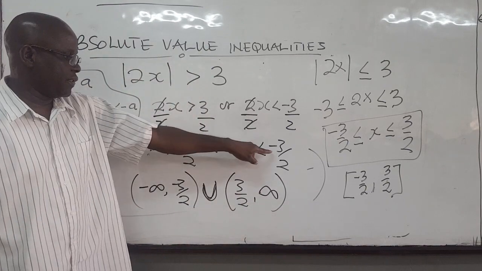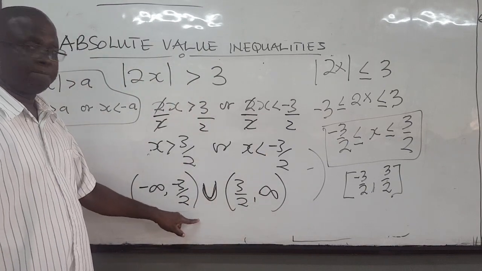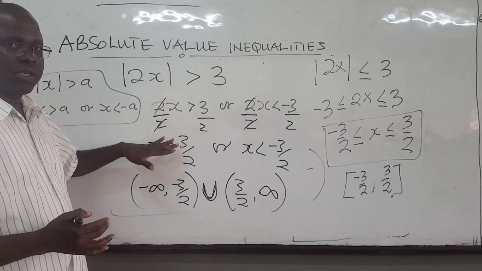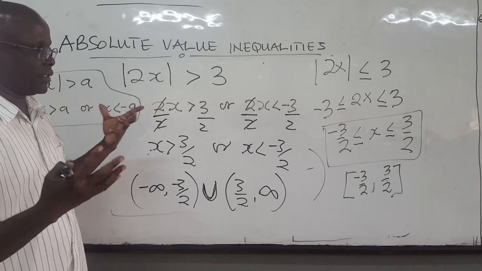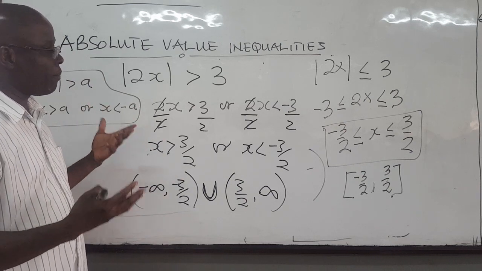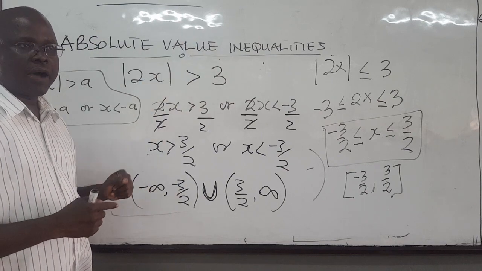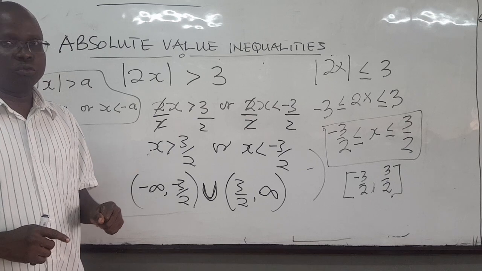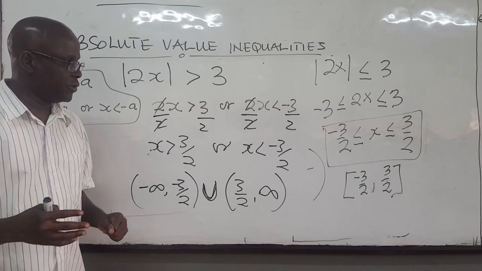So you can write it as this or you can write it as that. Okay? So even though these are simple examples, they give you the concept, the main ingredients that you need to solve any complex absolute value inequality. So in the next video, I'm going to do a few more examples in the next couple of videos. All right.